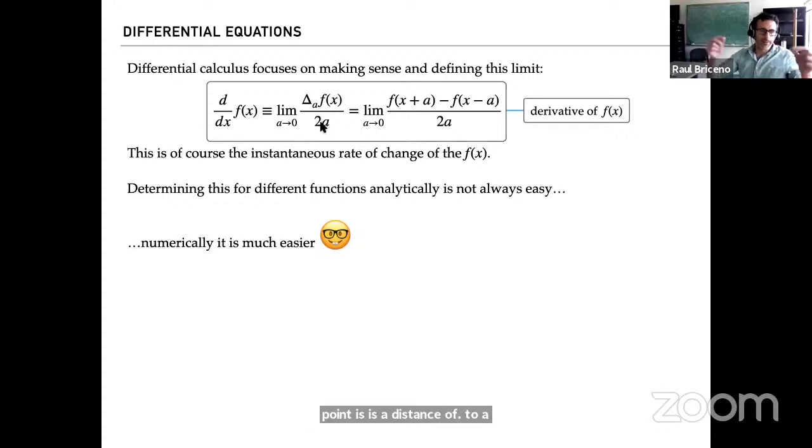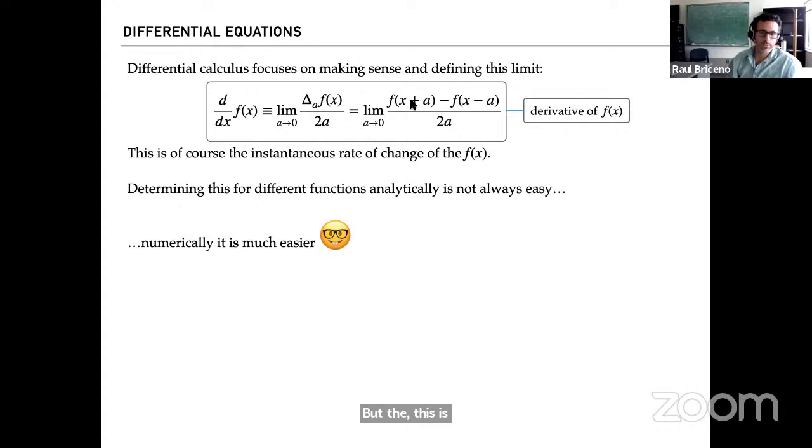And I'm interested in the limit where this distance between the two points goes to 0, which amounts to just taking a to 0, okay? And so what we're going to be evaluating a lot is the limit where you evaluate the function at some step up minus the function evaluated at some step down divided by twice that step, okay? This is, of course, the instantaneous rate of change.